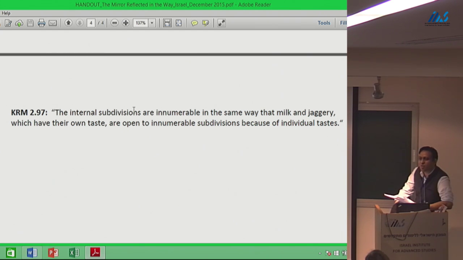Poets that use archaic words in their texts, it is inauspicious. It's like men who have a taste of making love with aged old women. The internal subdivisions are innumerable in the same way that milk and jaggery, which have their own taste, are open to innumerable subdivisions because of individual taste.